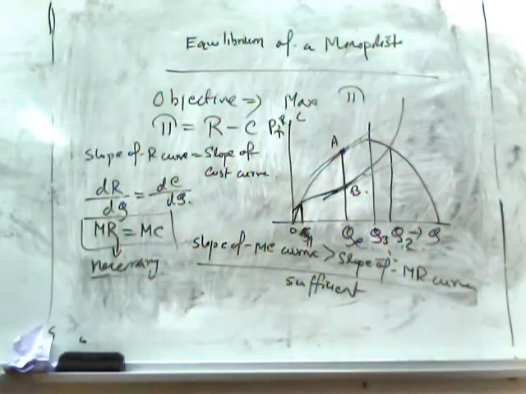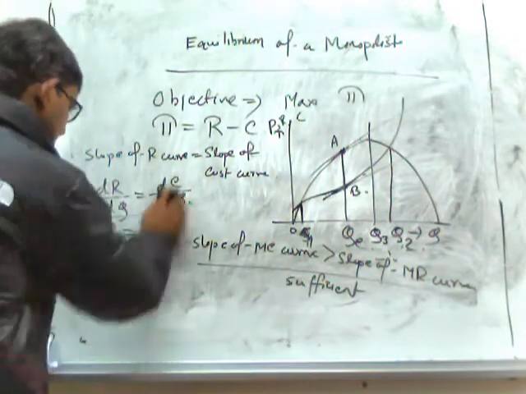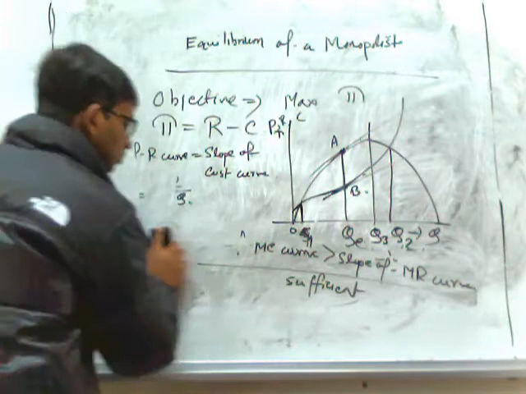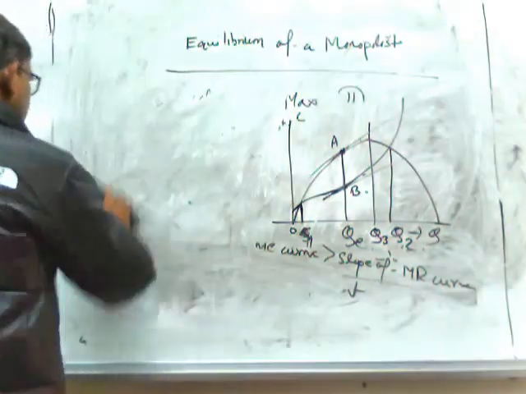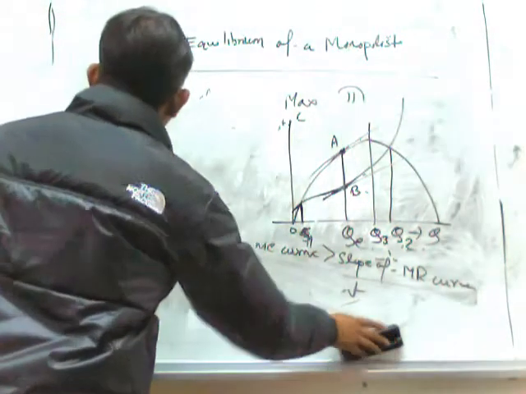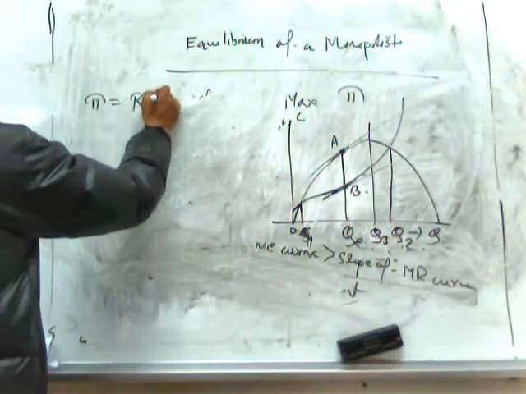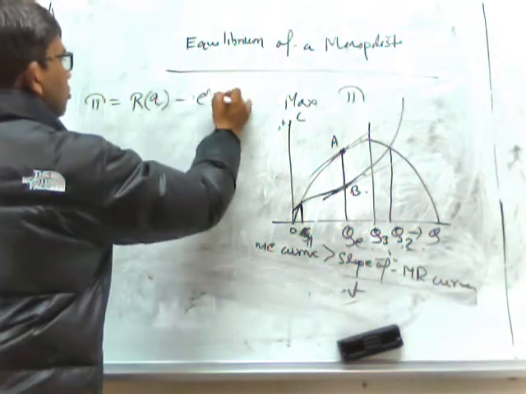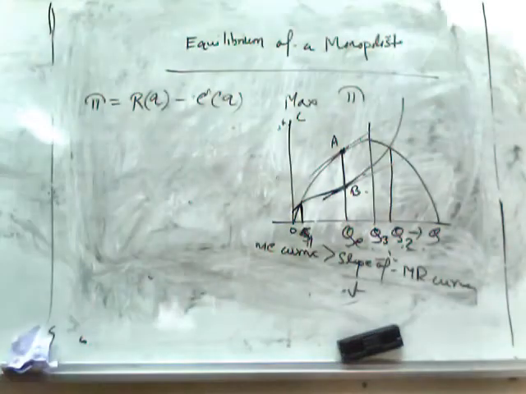So we can prove it mathematically also. So if we consider that pi, profit, is a function, the difference between revenue and cost, and both revenue and cost are functions of output. Because the monopolist is the price maker, he fixes his price as per his profit maximizing level of output.